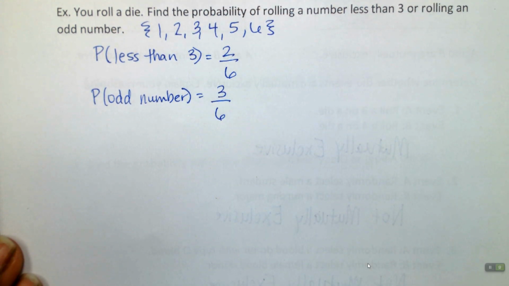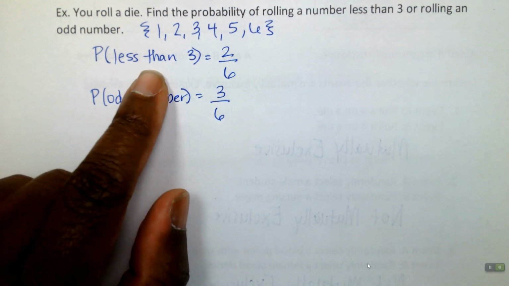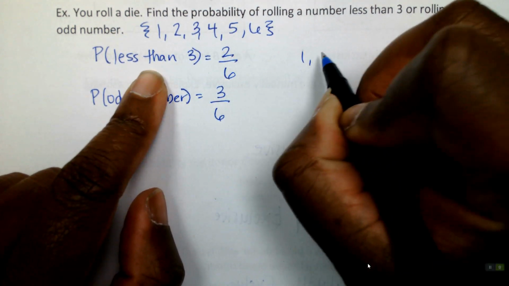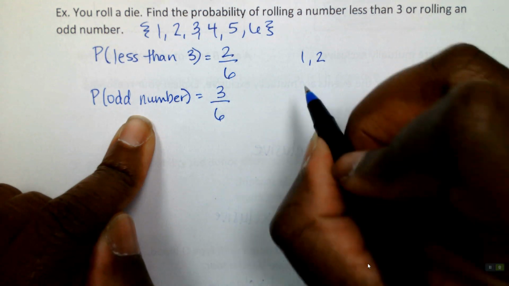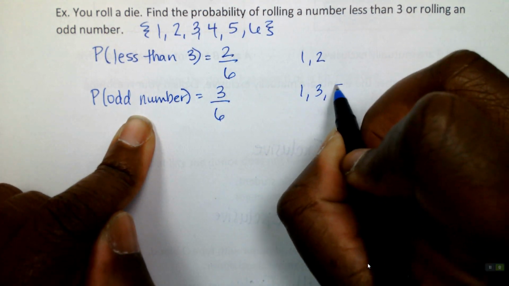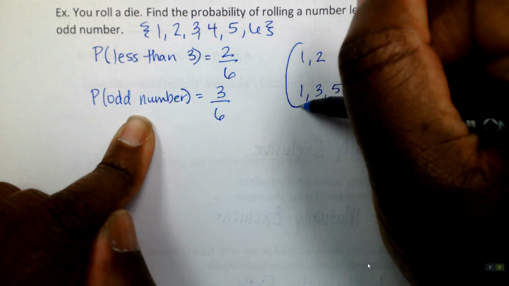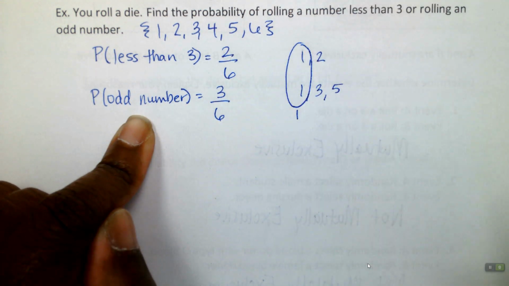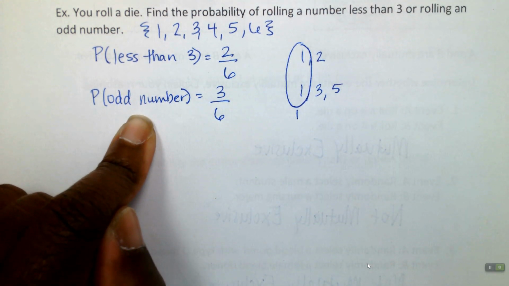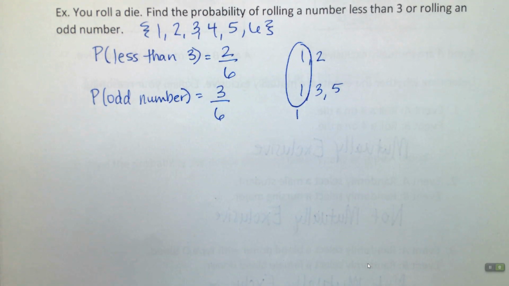But how many numbers did we have in common? So for less than 3, it was 1 and 2. For odd, it was 1, 3, and 5. So we had one number that we had in common.